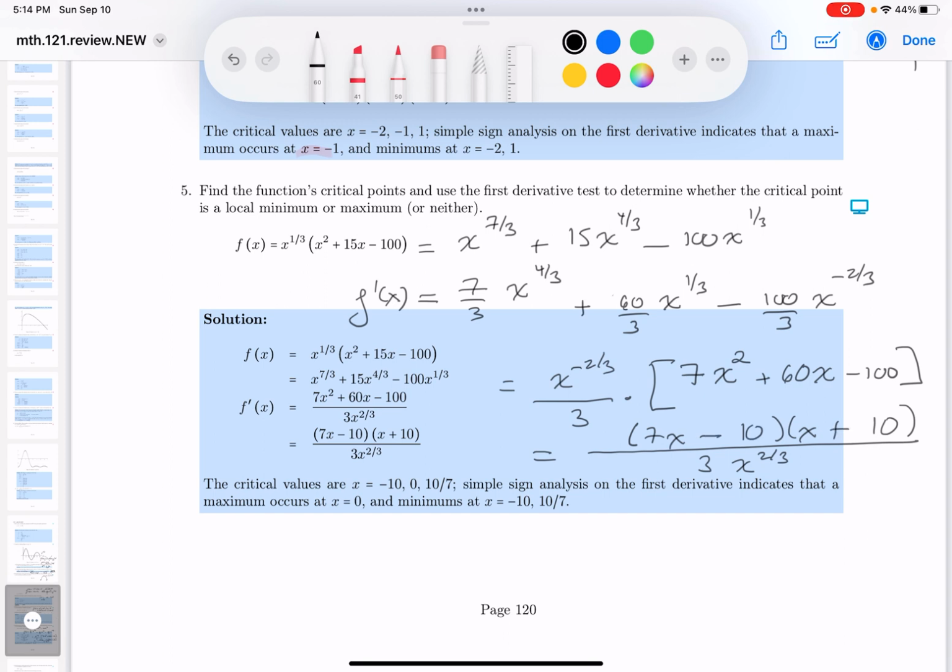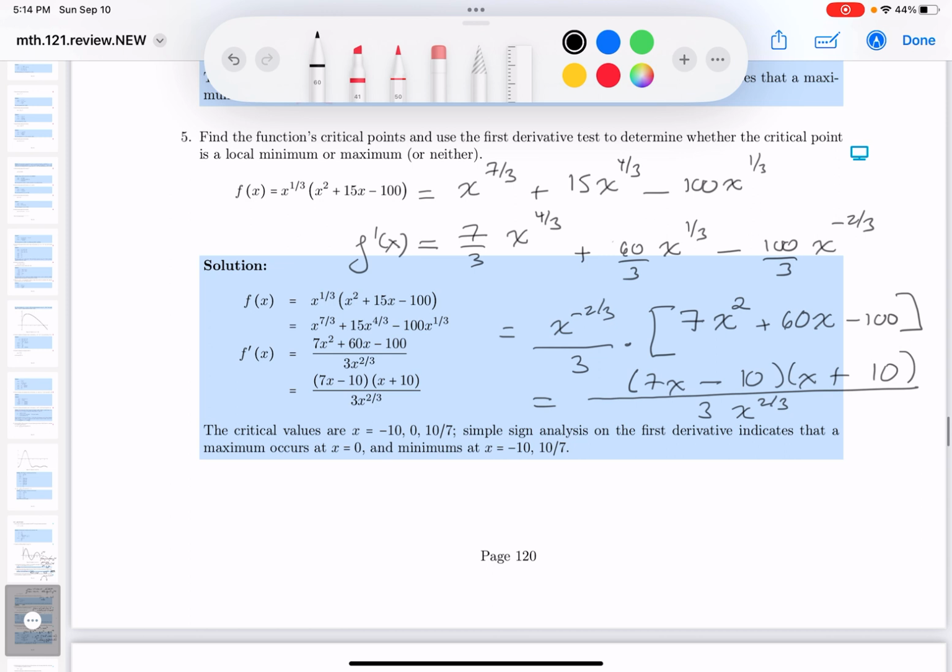Plus, minus. Let me just check it. You do get 7x squared. You get plus 70 minus 10, which is 60, and you get minus 100. So I got critical numbers over here, and the critical numbers have to be in the domain. Certainly I'm seeing this thing as being undefined at 0, so that's one critical number. The other critical number I get would be minus 10.